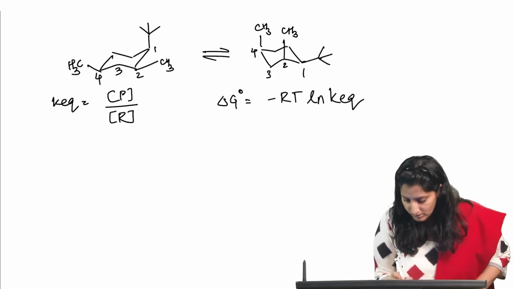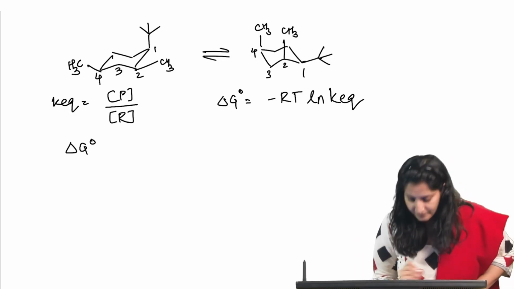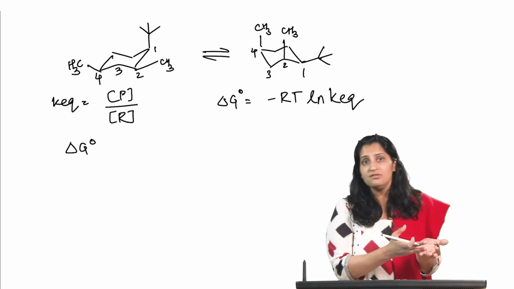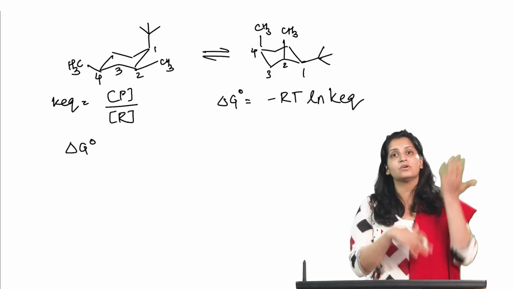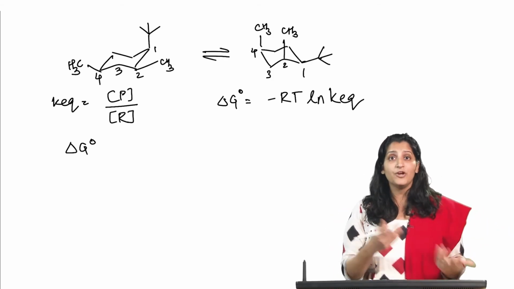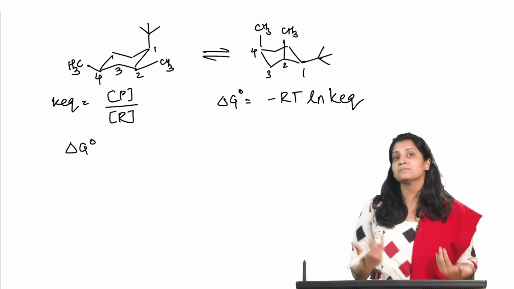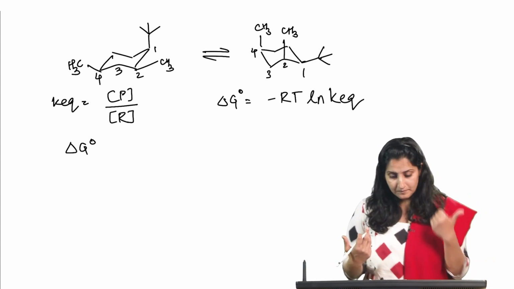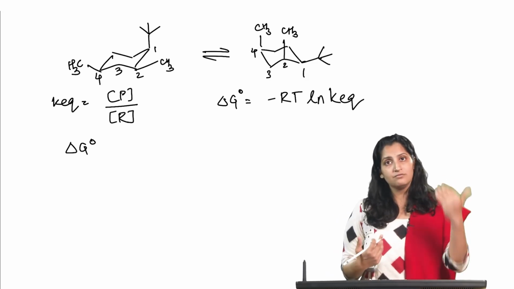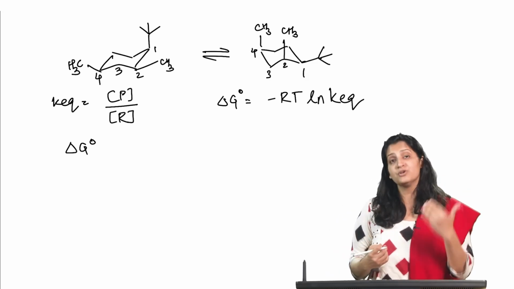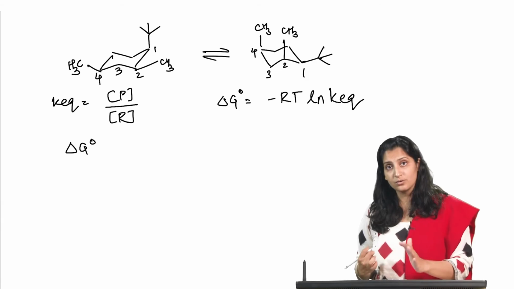Okay. So, now I am going to calculate the delta G0. In the last question we had just one methyl group going from axial to equatorial. Now, we have 3 groups. How do we go about it when we have multiple substituents on the cyclohexane? First, we look at which group is going from axial to equatorial.